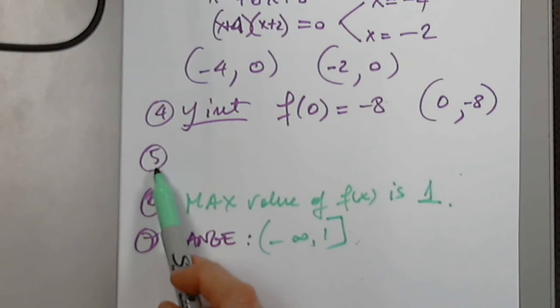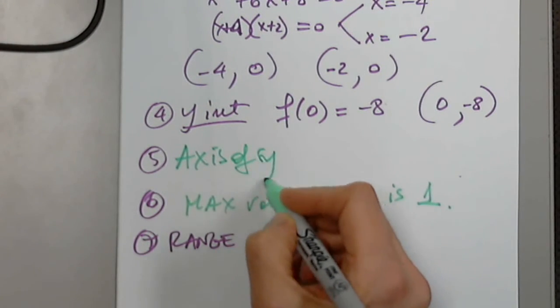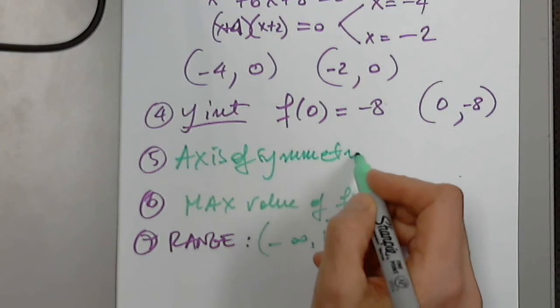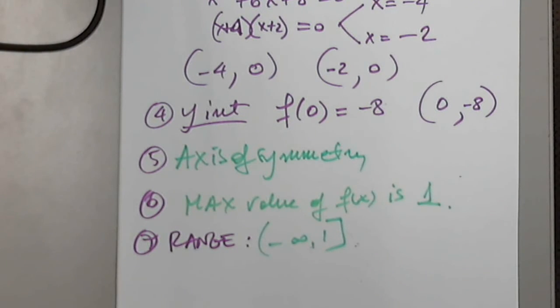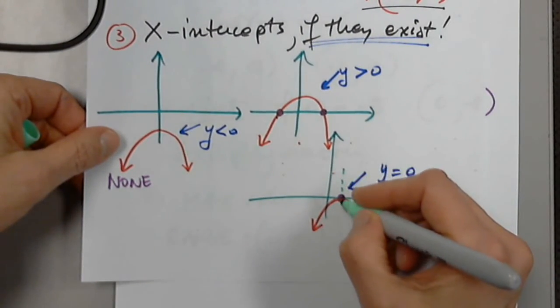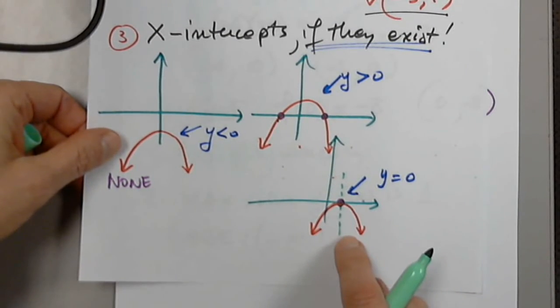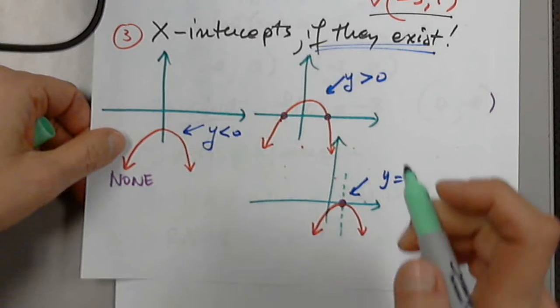Last item, which is number 5, is the axis of symmetry. So we're not talking about odd and even functions. We are talking about a vertical line going through the vertex that is the axis of symmetry of a parabola.